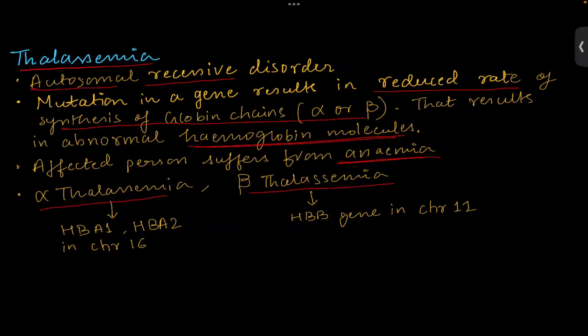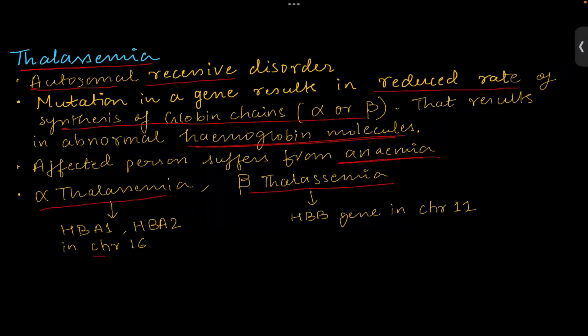So in alpha thalassemia, what happens? Mutation takes place in either of the two genes, HBA1 or HBA2, and these two genes encode the alpha globin chain.